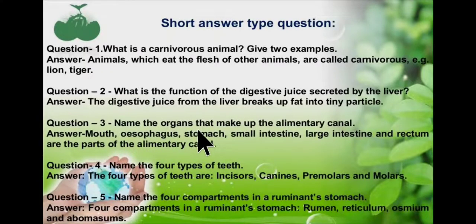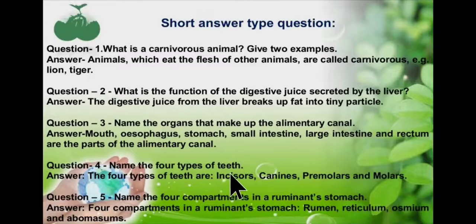Now, name the organs that make up the alimentary canal. So it starts with mouth, then esophagus, stomach, small intestine, large intestine, rectum, and the alimentary canal ultimately ends in the anus. Now name the 4 types of teeth.